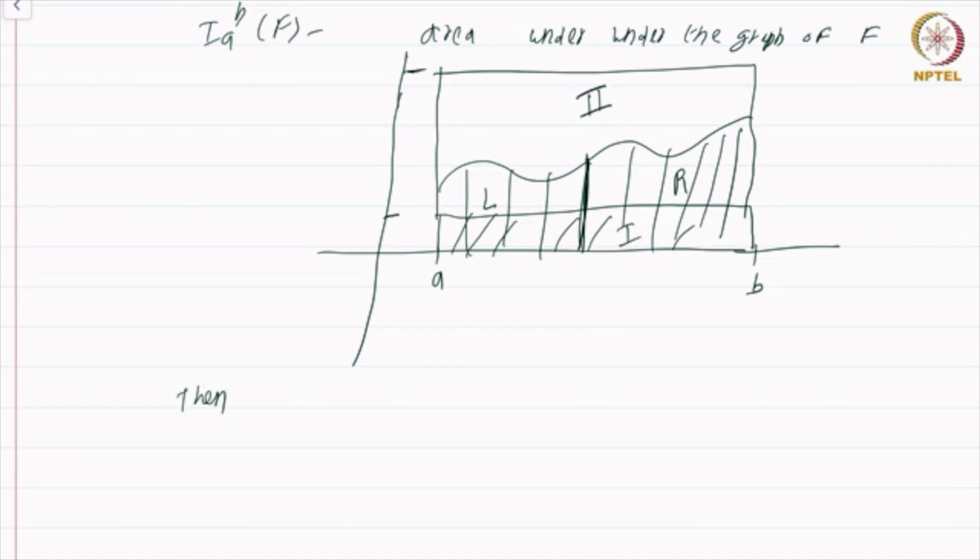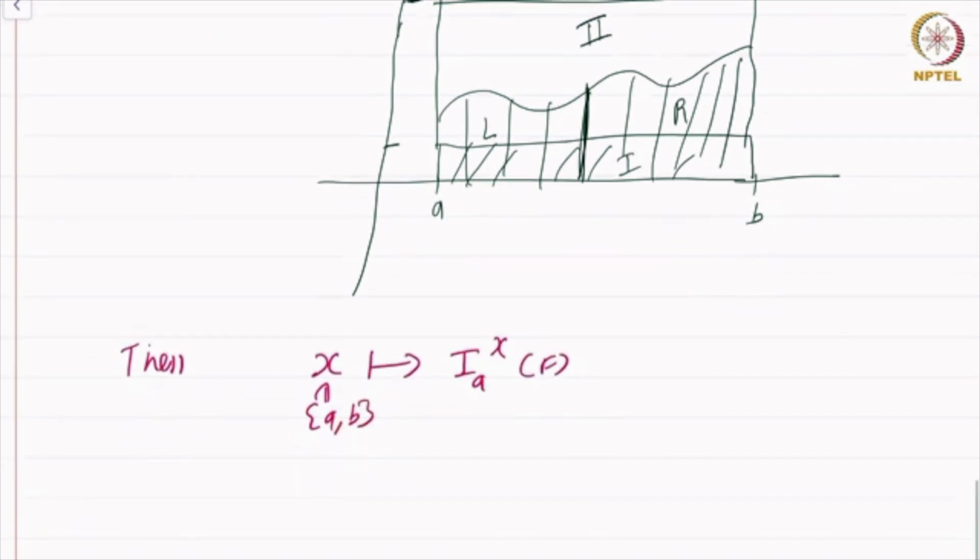Then the conclusion. So let me move back to red because we are at the conclusion stage. Then the conclusion of this theorem is as follows. Look at the function x going to I ax of f, x coming from closed AB. So what you are doing is you are taking the given point x which is there in the interval AB and mapping it to the area under the graph of f, but only till x, not all the way till b.